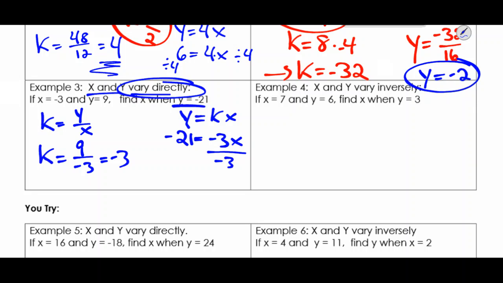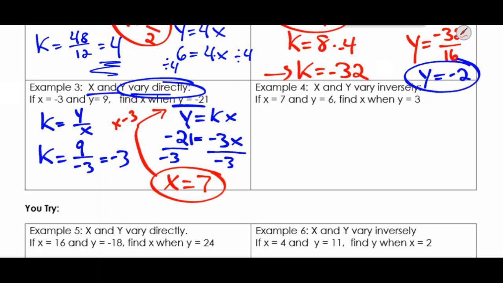I'm going to divide by negative 3, divide by negative 3, and that gives me that x is 7 in this case. And it should make sense: to go from 7 to negative 21, I'm multiplying times negative 3. To go from negative 3 to 9, I'm doing that exact same thing. I'm multiplying times negative 3.